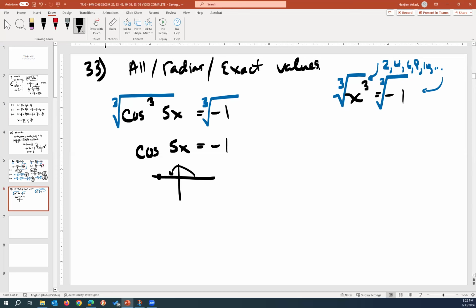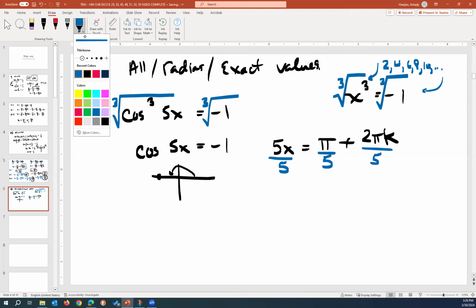That's when that happens. Okay, so then I have 5x is equal to pi plus all the revolutions that can happen in the whole entire planet. And all we have to do here is divide by 5, because technically we're just solving for x. So divide that by 5, divide that by 5.